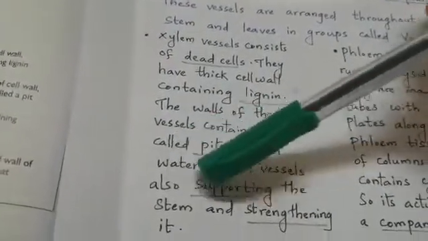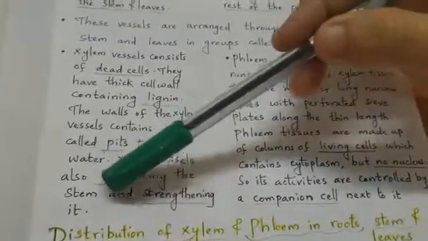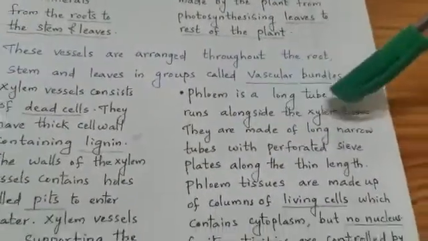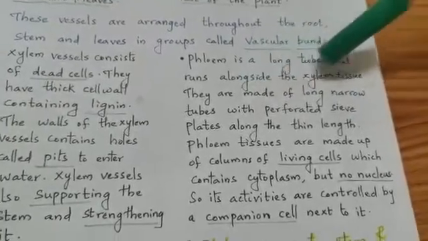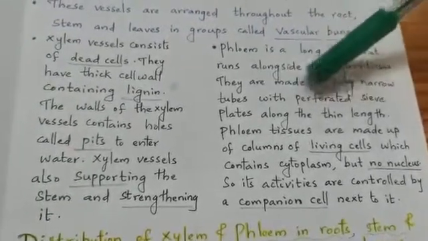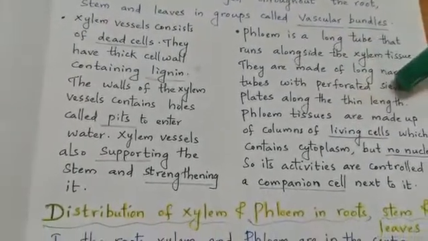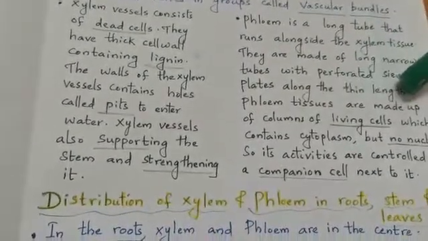Xylem vessels also support the stem and strengthen it. Then phloem is a long tube that runs alongside the xylem tissue. They are made of long narrow tubes with perforated sieve plates along their length.